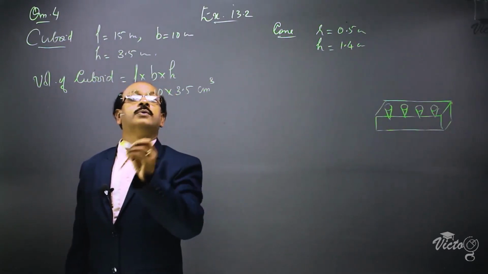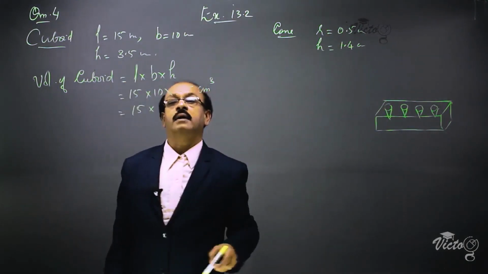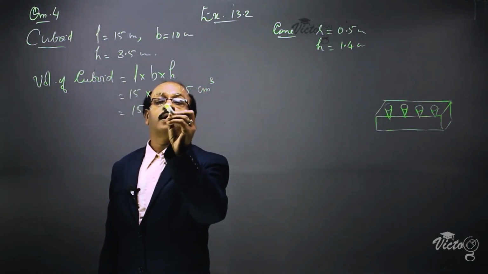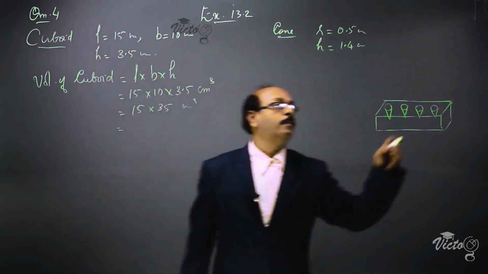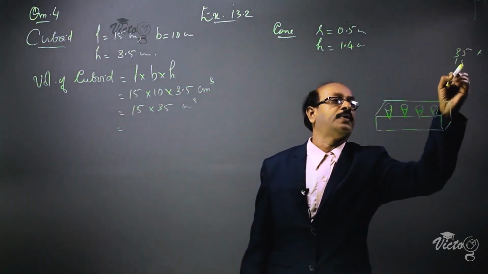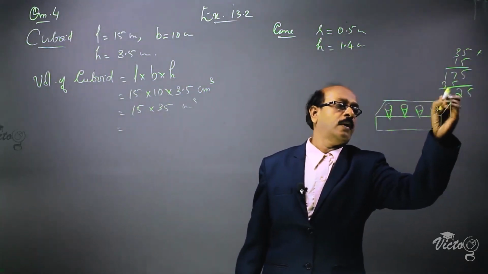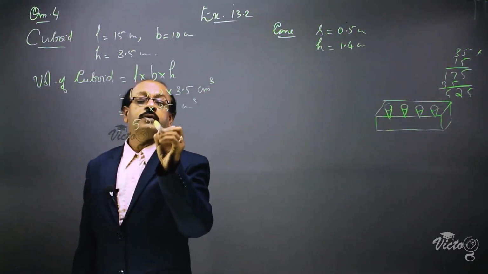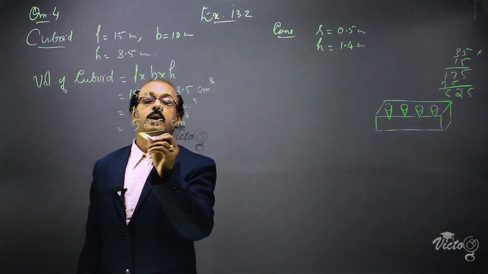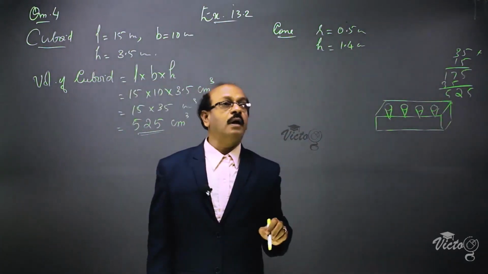Multiplying 3.5 with 10, it will be 35, and multiplying 35 by 15, it is 525 centimeter cube.